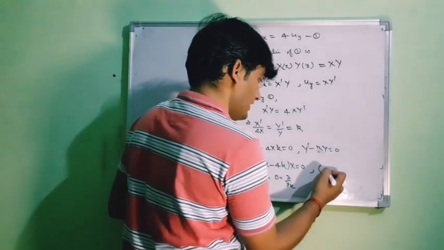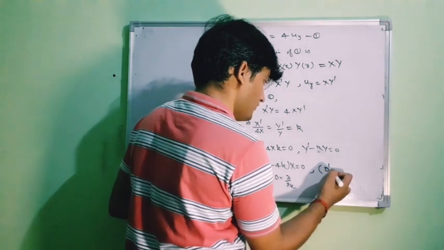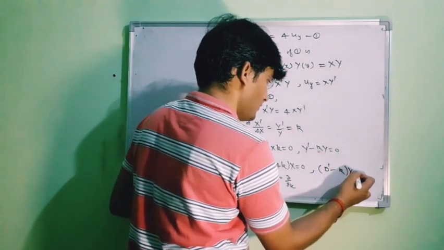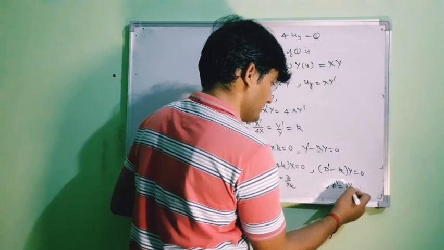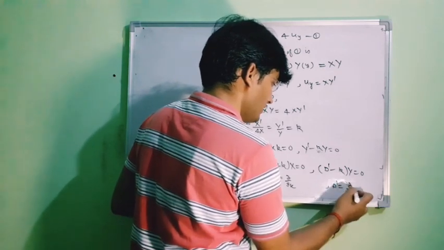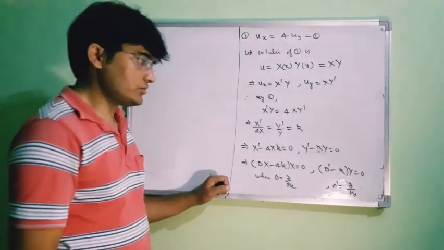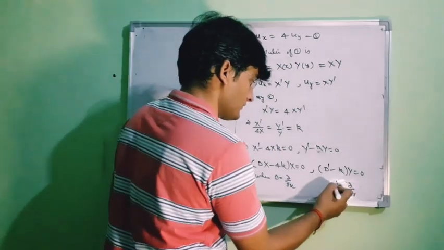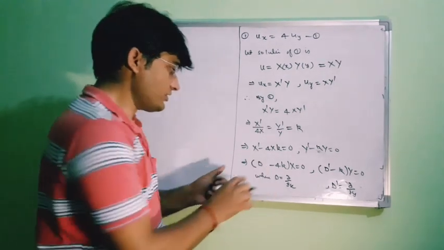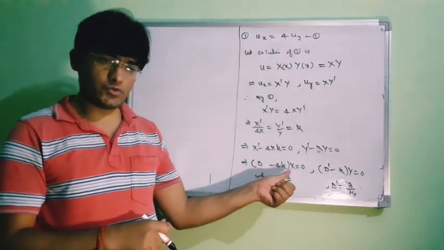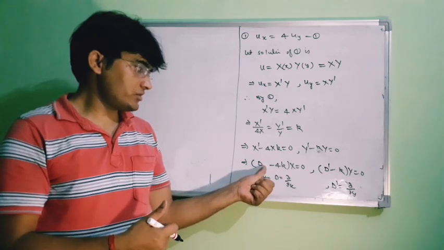And similarly here we can write D dash of Y equal to 0, where D dash stands for the partial differentiation of capital Y with respect to y. So from here you can see that your auxiliary equation will be m equal to 4k, or you can see that your root is m equal to 4k.